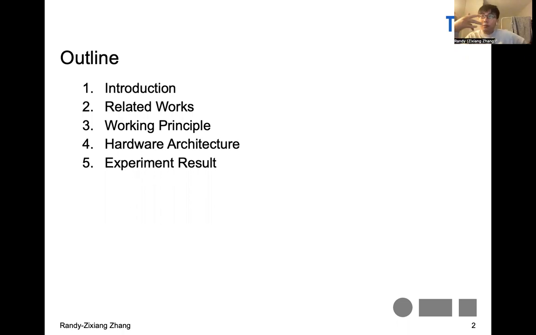After that, we're going to give a short introduction of the principle of how this approximate divider works. And then we're going to present how this is implemented in the actual FPGA, its hardware architecture, and any optimization we have done.